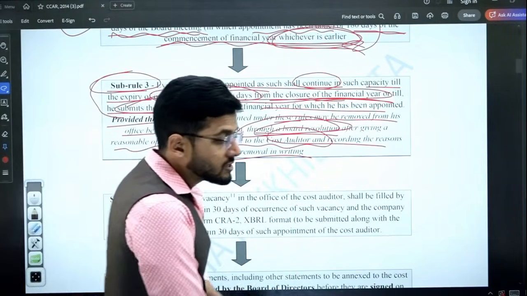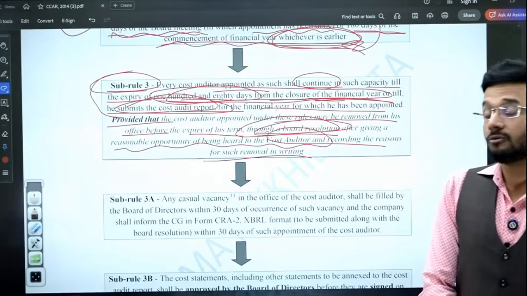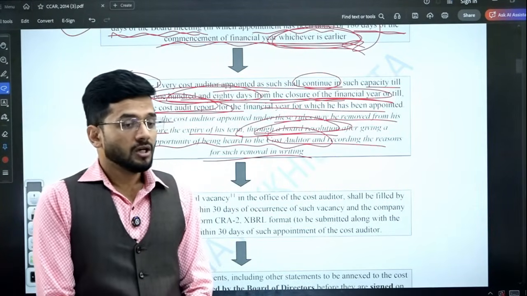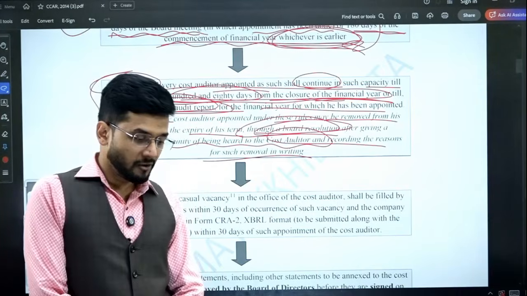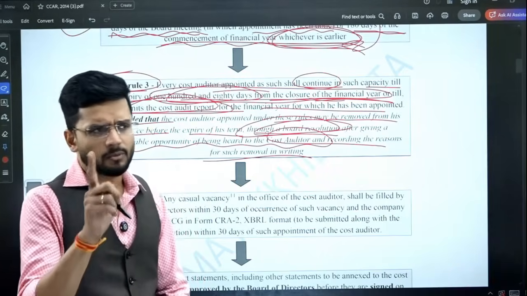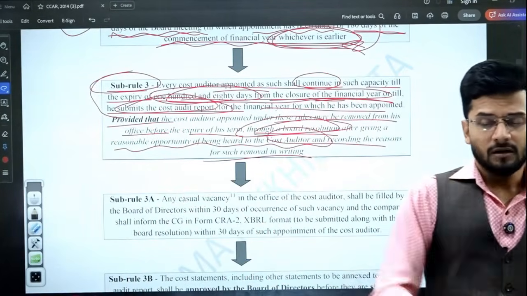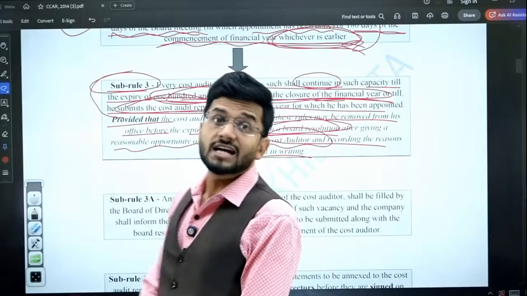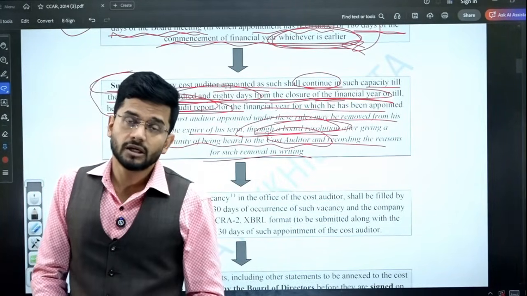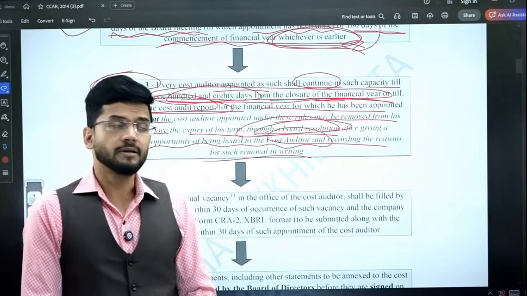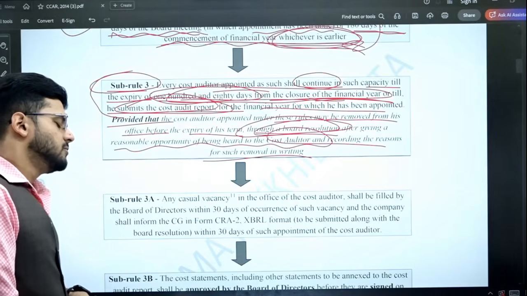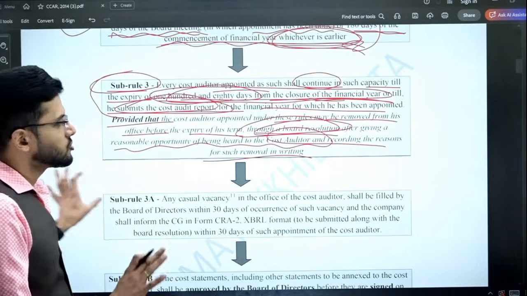So if the cost auditor is found lacking in giving time to the company, or in his duties, or is not performing his work well, or some disqualification has happened after the appointment, for example the auditor has purchased shares of the company, then the auditor can be removed before the expiry date also, and a reasonable opportunity should be given to the cost auditor before removal.